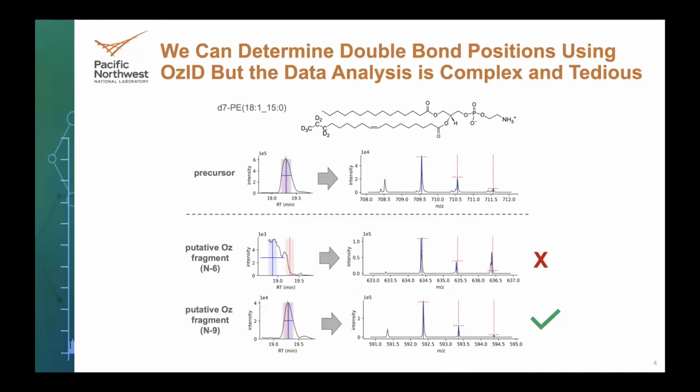We have to go in, extract XICs, extract MS1 spectra. There are a lot of steps, and there's also a ton of repetition, right? For just this species alone, there are 16 possible double bond positions you have to check pairs of fragments for. So obviously, doing this manually is completely impractical.